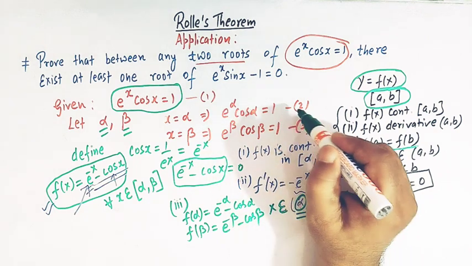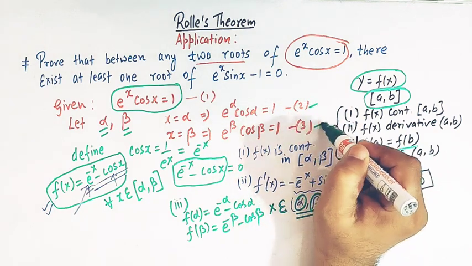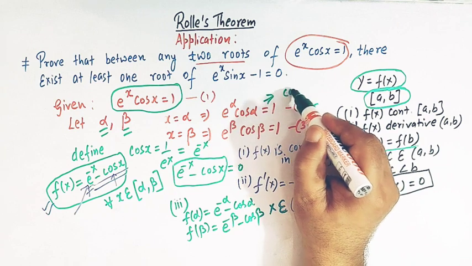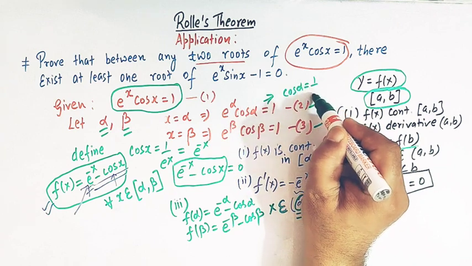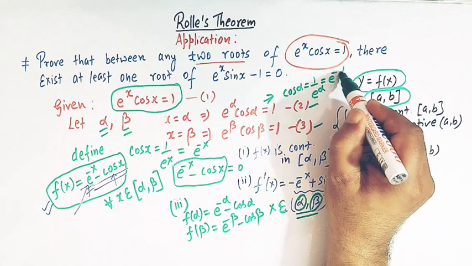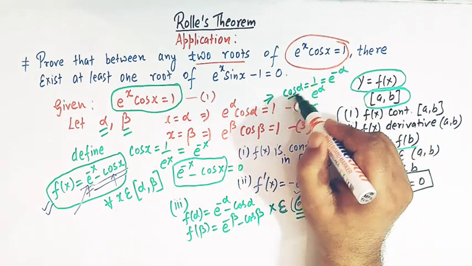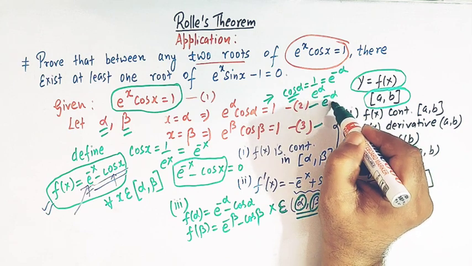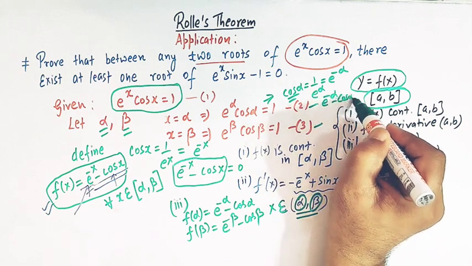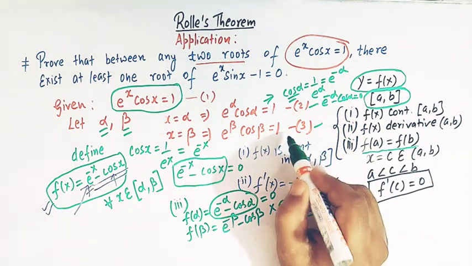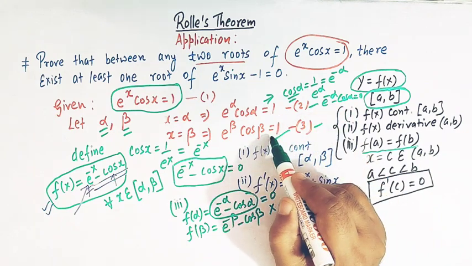Now if we see equation number 2 and 3, we can write from here cos alpha is equal to 1 over e raised to alpha, which is e raised to minus alpha. And if we take cos alpha to this side, we have e raised to minus alpha minus cos of alpha is equal to 0. So this quantity is equal to 0. And similar is the case with this equation.